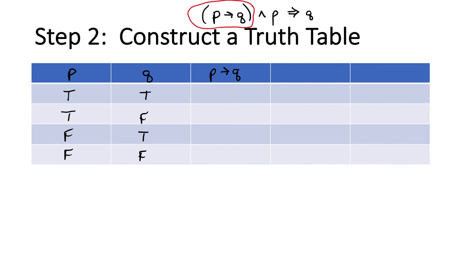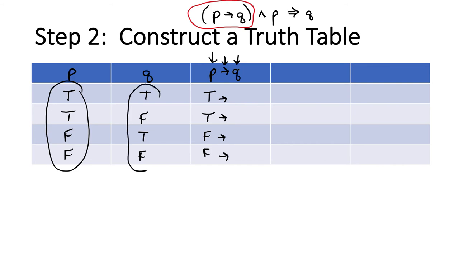All right, so let's copy first. Underneath the P, I'm going to copy the P values. So T, T, F, F. I'm going to put my arrow in. Okay, so that arrow went in, and then I'm going to copy the Q values. So the Q values are here, TF, TF.